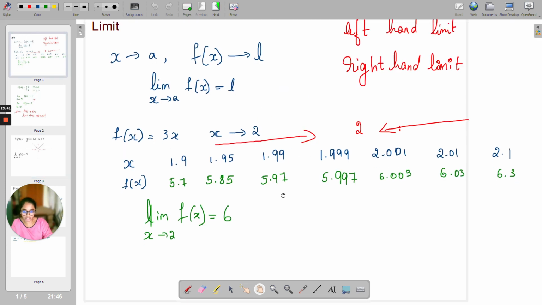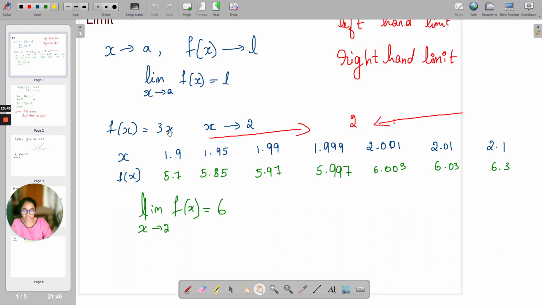Or even over here, you substitute x as 2, you would get 6. And we even saw what happens as we took the nearest values to 2. We got all the values approximately 6 itself. So now directly I can write limit x tending to 2, f of x, substitute the value of 2 in place of x and write it as 6.